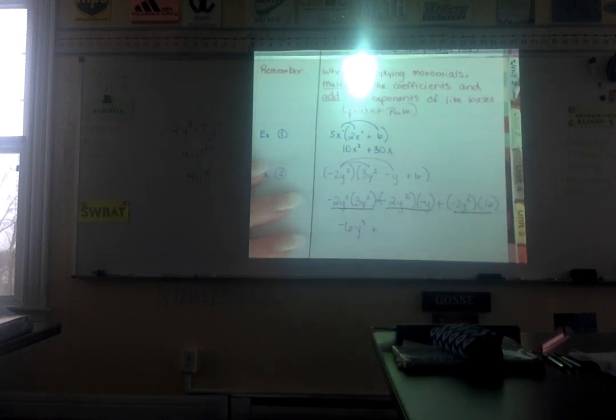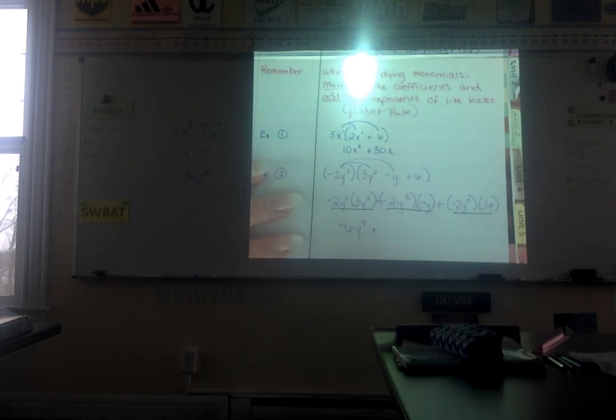Olivia, I'm going to come to you. I want you to try this one, okay? Negative 2y squared times negative y. What's going to be the new coefficient? We have the coefficient of negative 2 right here, and then I have a negative sign right here. Positive 2.